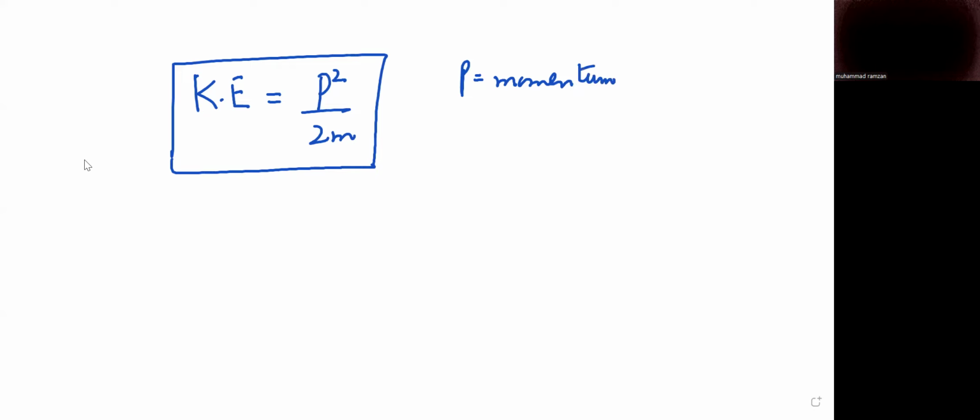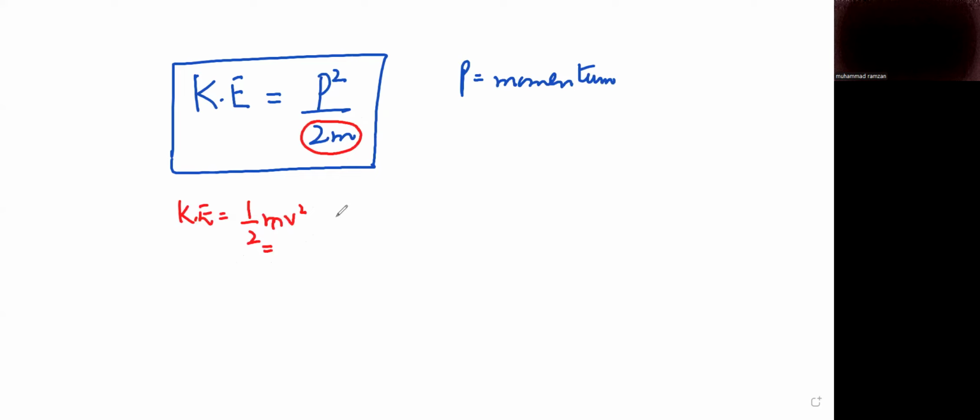Now we know that kinetic energy is equal to 1 by 2 mv squared. And we have a denominator 2m over here. So it means we have no mass in the denominator.